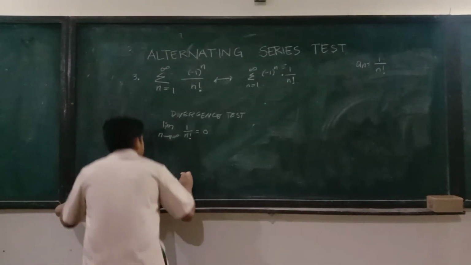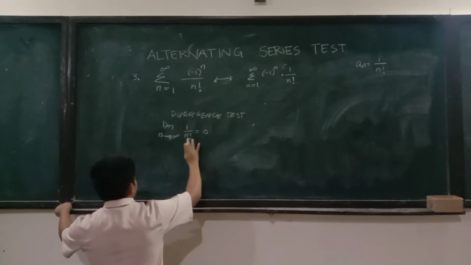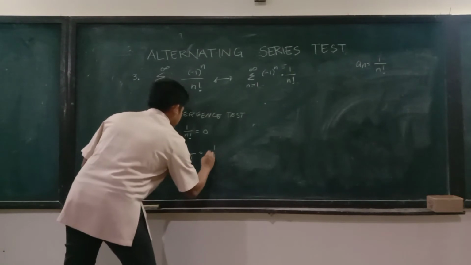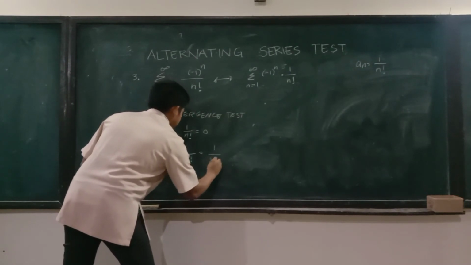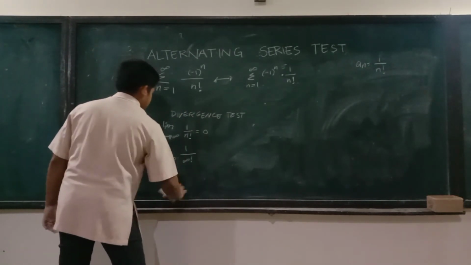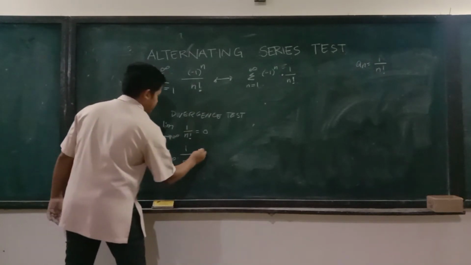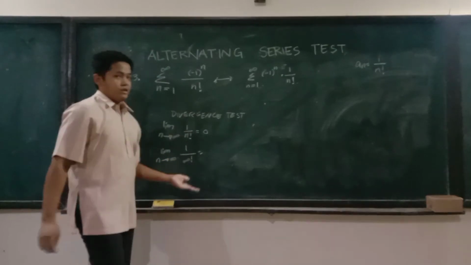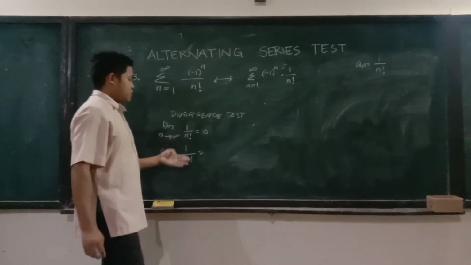Let's find out. 1 over infinity factorial is understood as 1 over infinity.